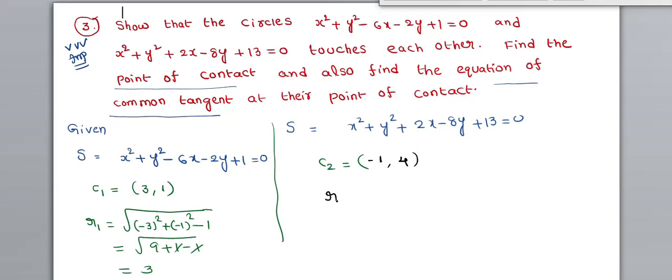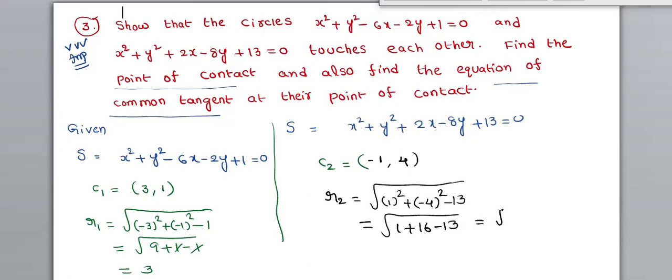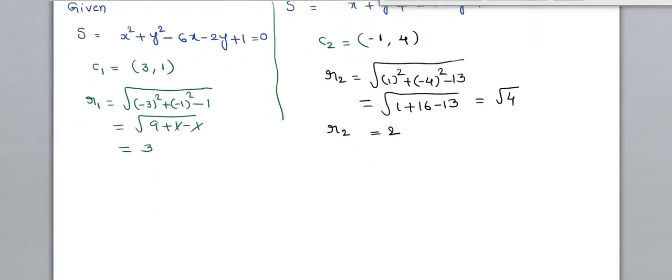So r2 is equal to square root of g square plus f square minus 13, very important problem. Square root of 1 plus 16 minus 13, root 4, that is the value r2 is 2. Okay, next line.